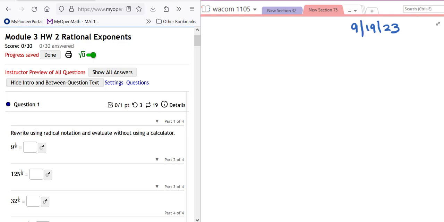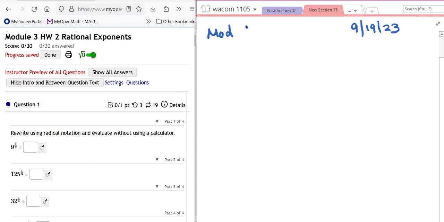So a rational exponent is the same thing as a radical, and so this is Mod 3, homework 2, rational exponents.